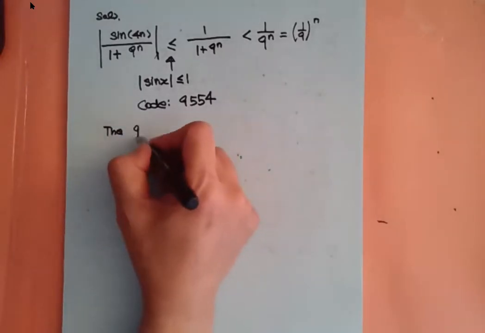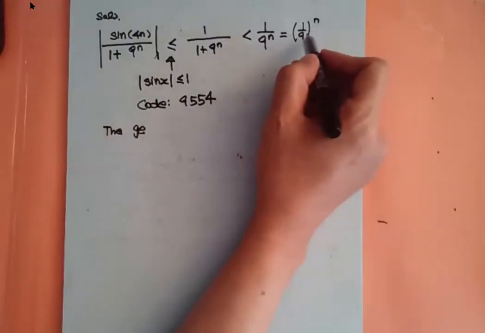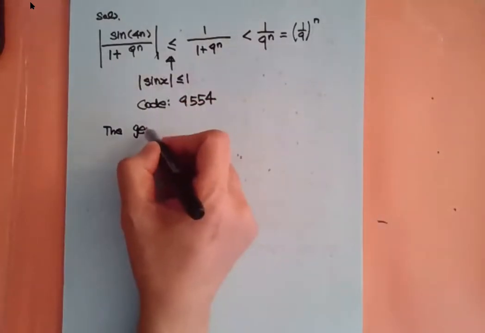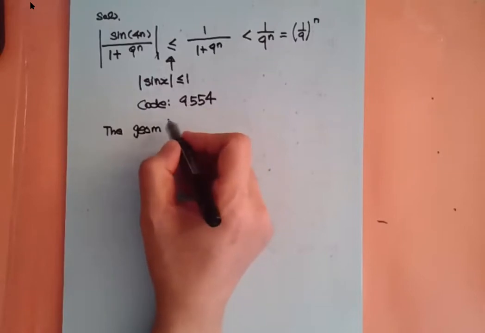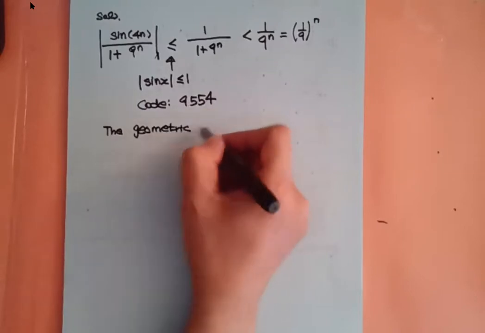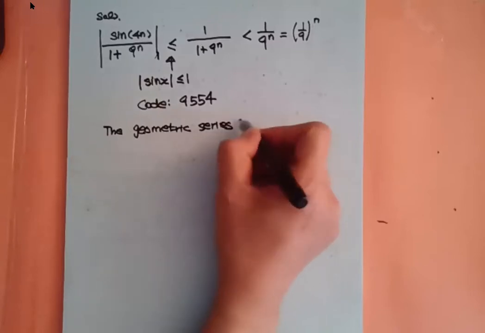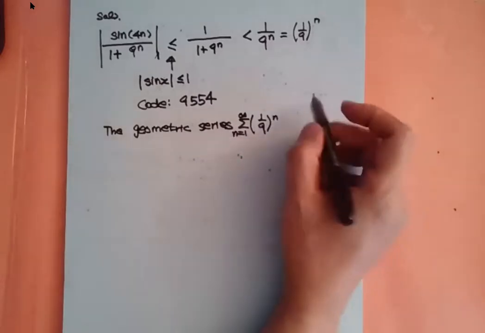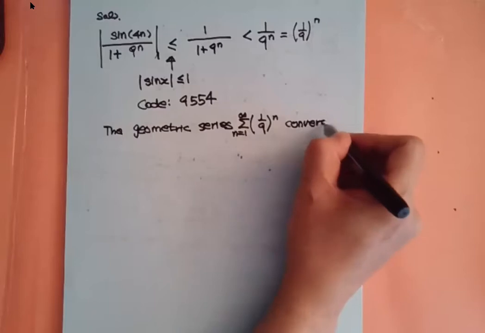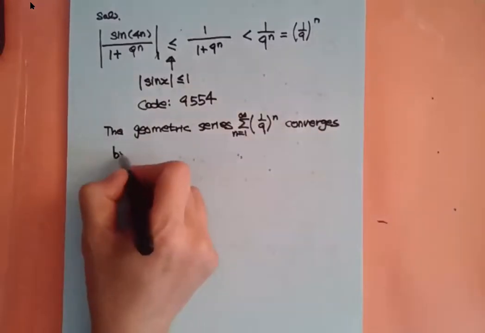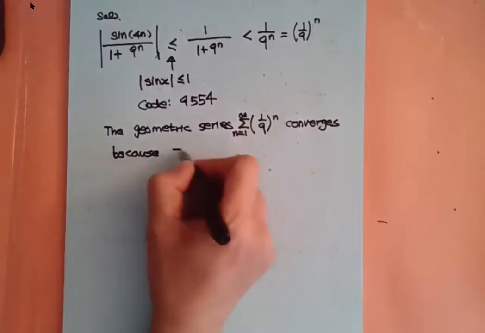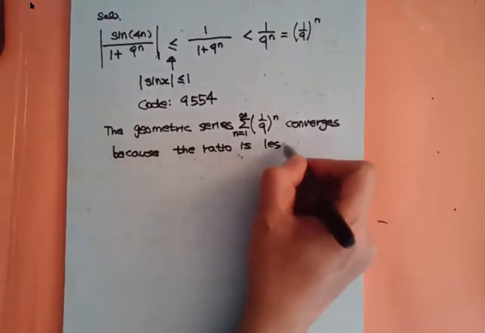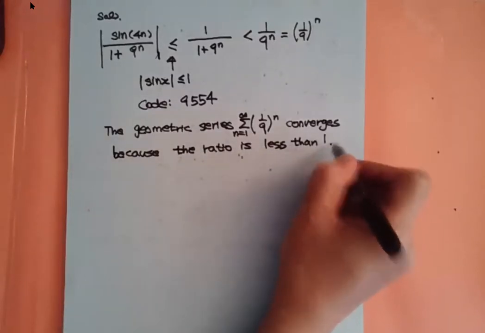When we think about the series formed by the sequence 1 over 9 to the n power, that is a geometric series with ratio less than 1, and then that converges. As I said, that's because the ratio is less than 1.